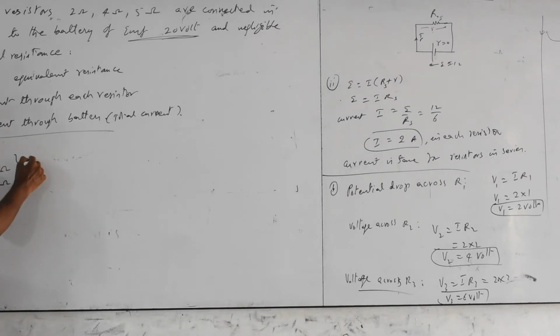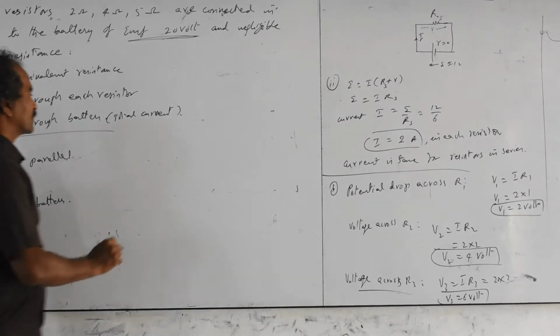They are in parallel. Next, the cell EMF is 20 volts. Internal resistance is approximately 0. This is for the cell or battery. Next, you have to find the resultant resistance.